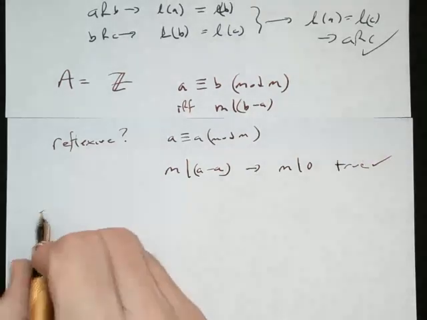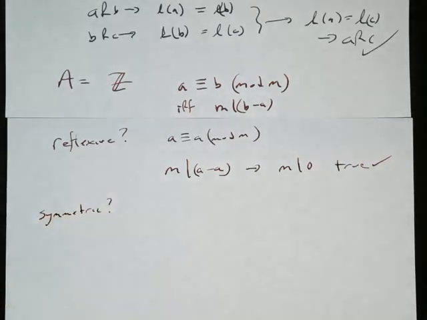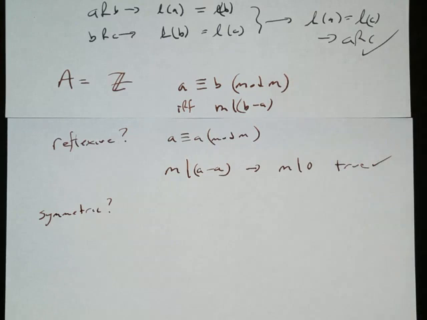How about symmetric? Kind of gave it away earlier when I said it depended on the way I wrote this. But having chosen b minus a, I need to prove that if a is related to b, then b is related to a.